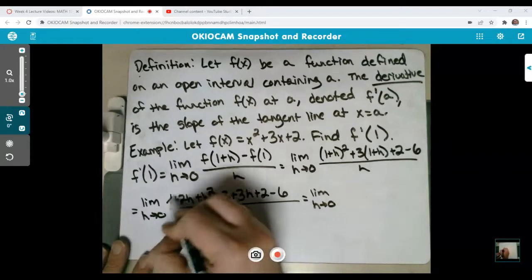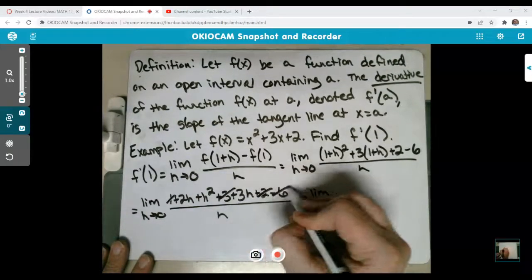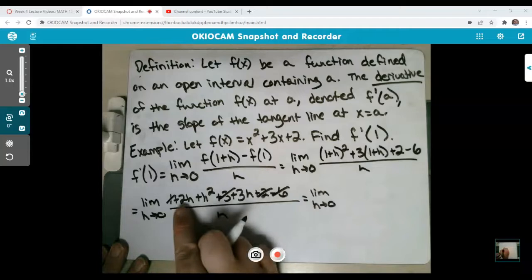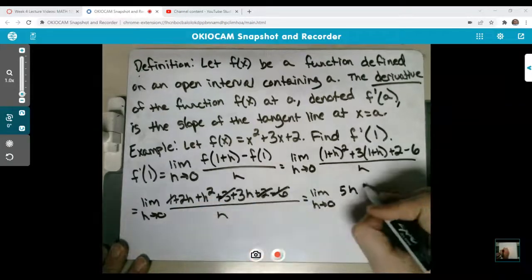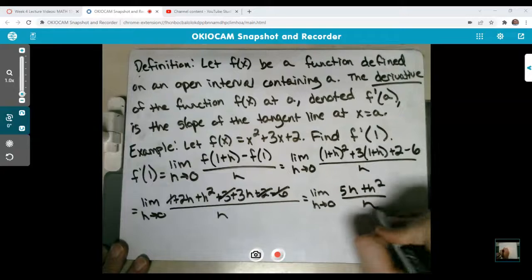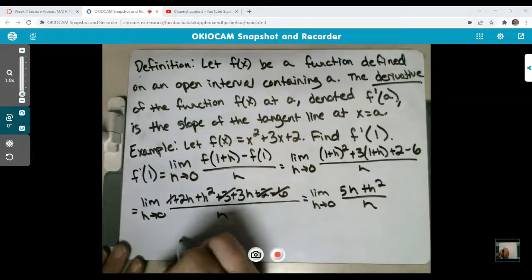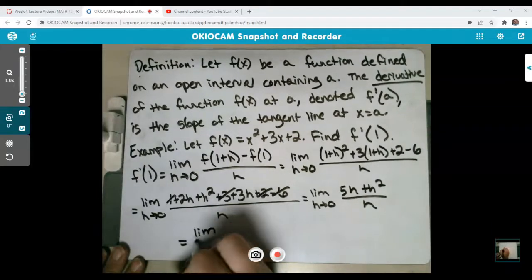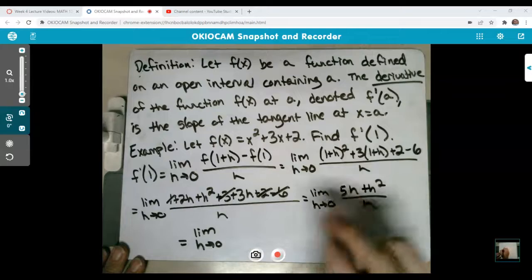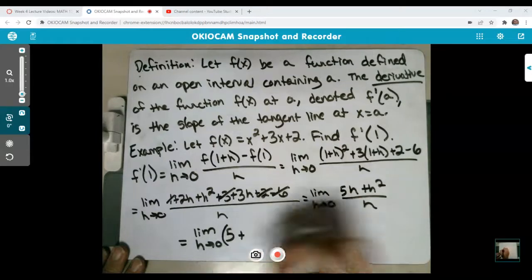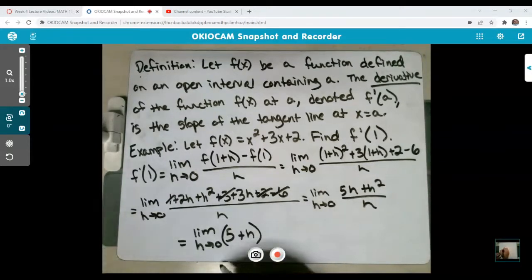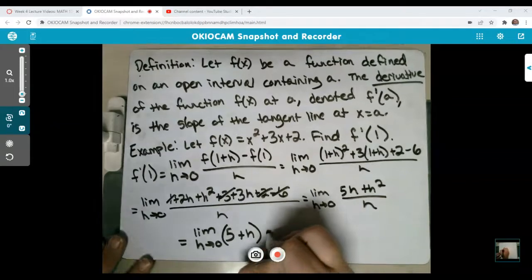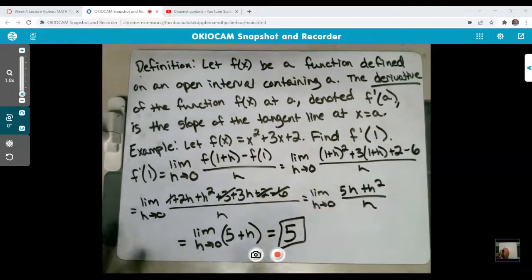So I can actually cancel all of those out. So I'm just left with 2h plus 3h, which is 5h, plus h squared over h. And what's good about that is all of those have an h, so cancel out the h, which is leaving me with 5 plus h. So now I can plug in a 0 for h, and I get 5. So f prime of 1 is equal to 5.